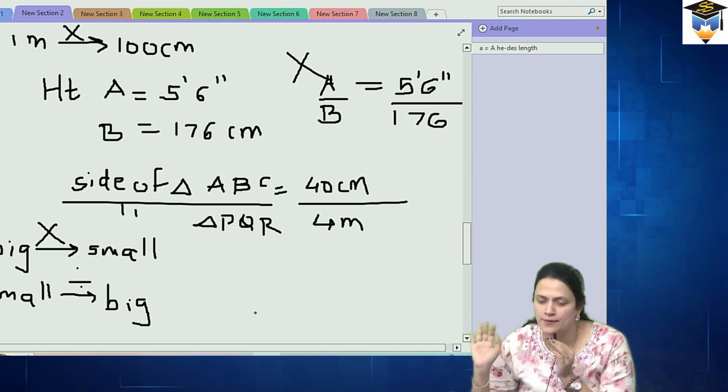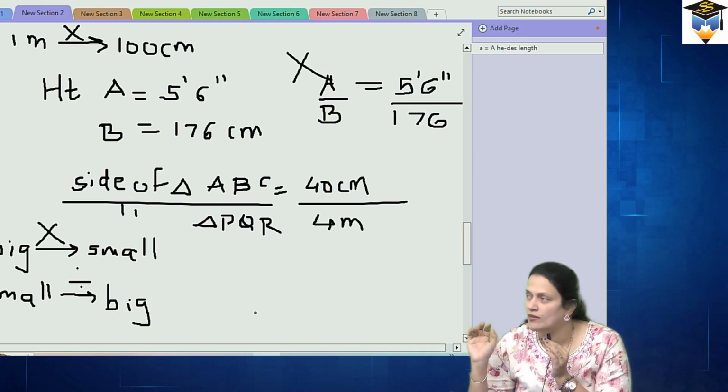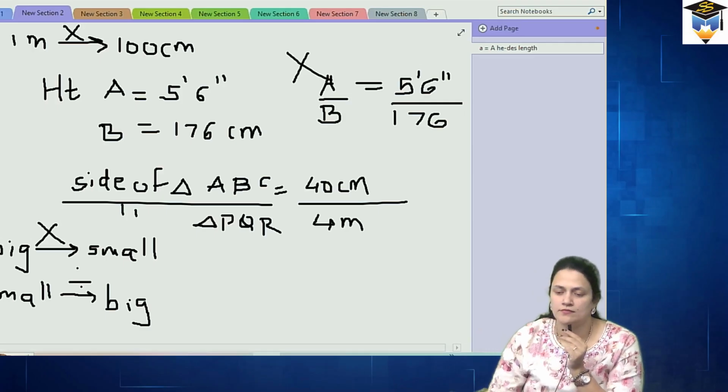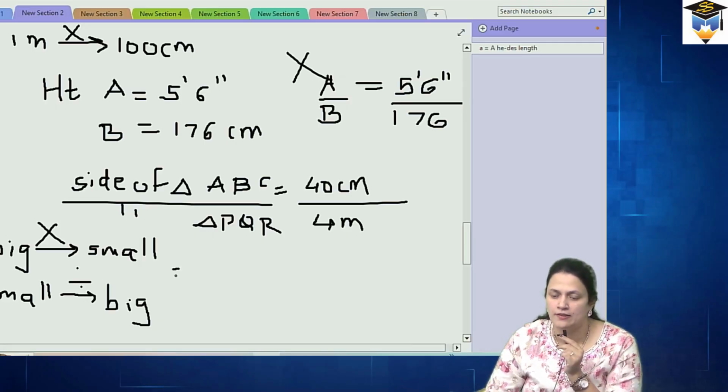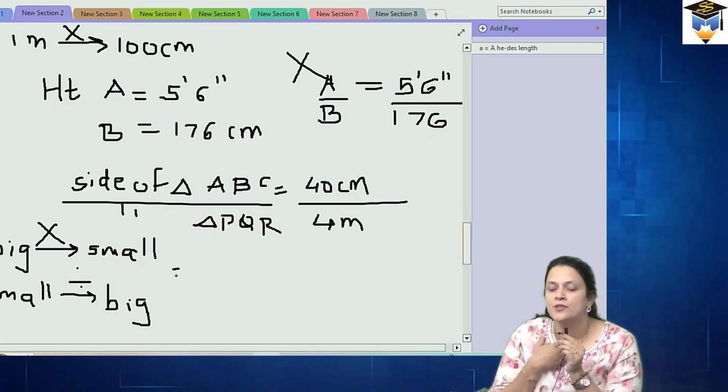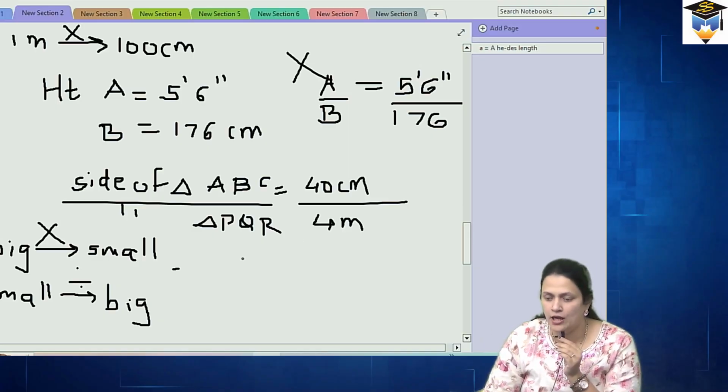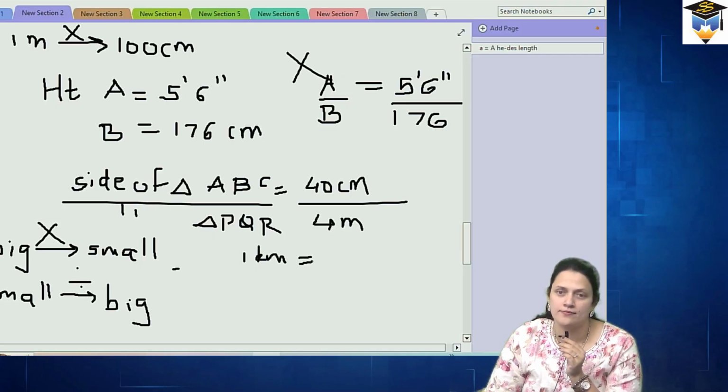Okay, all these basics are clear. If you have any doubts, please ask. Online students, okay, so let us take now: how much is 1 kilometer? How many meters?